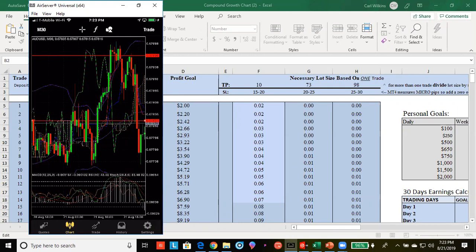The only other thing you have to know is how to count your pips, because it doesn't have the measuring tool on the app. So you'll have to be good at going up or down in pips, and calculate that outside of MetaTrader 4.